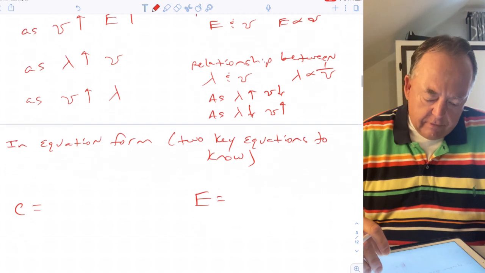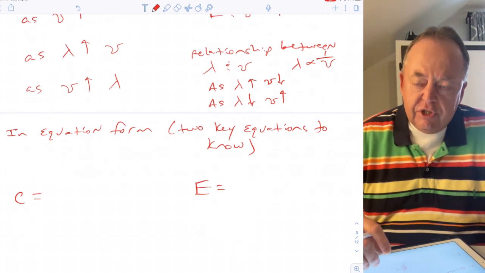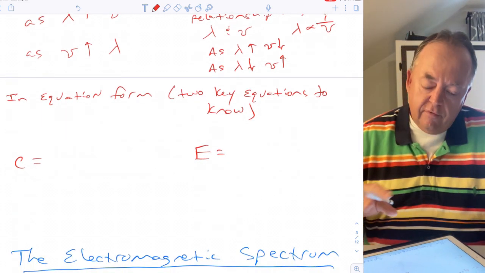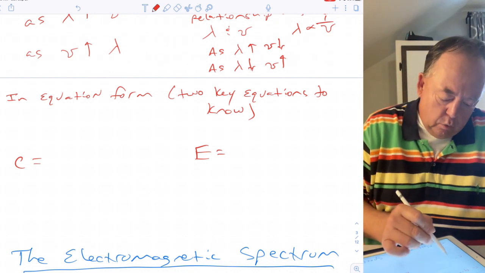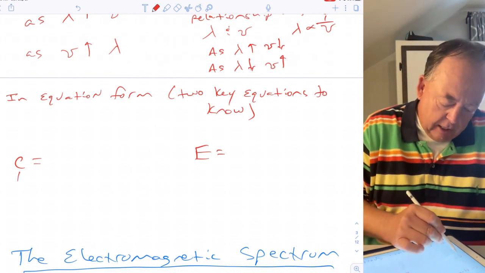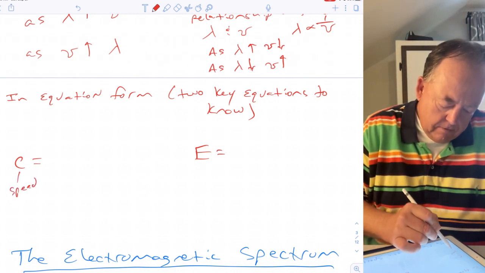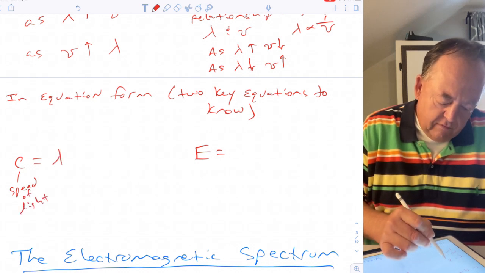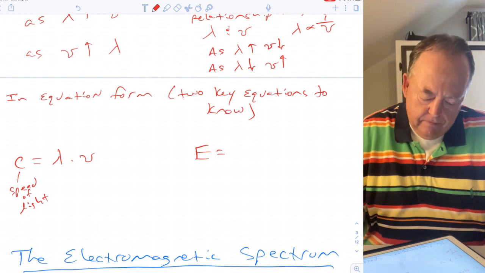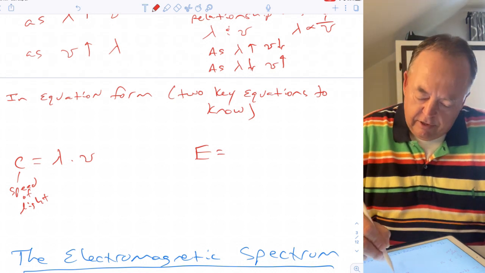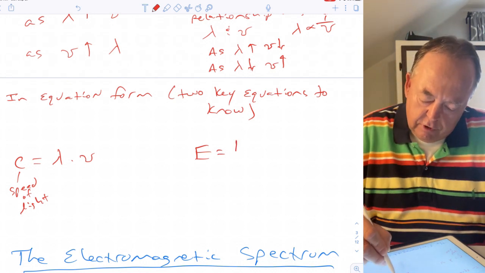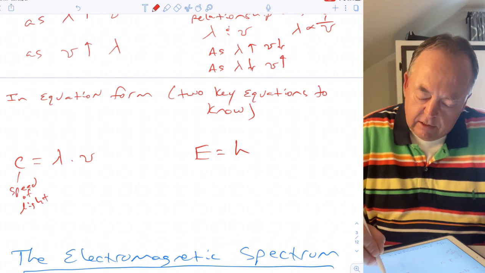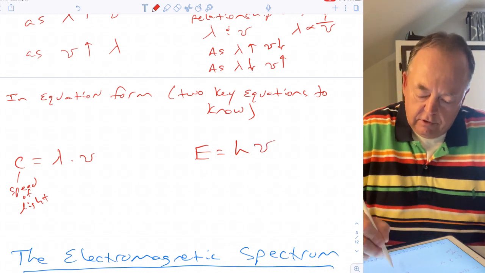So there are a couple of key equations in this chapter that relate frequency, wavelength, and energy. One of them is c, which is the speed of light, is equal to wavelength times frequency. And the other is energy is equal to a constant called Planck's constant times frequency.